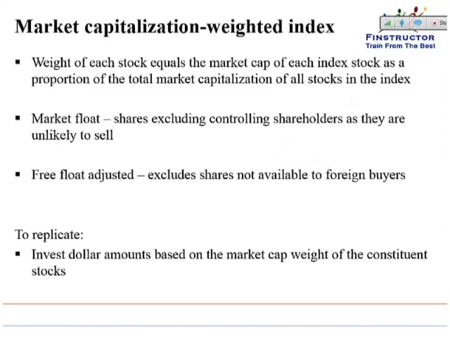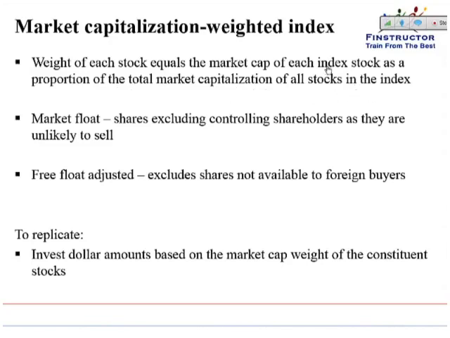The more popular index construction methodology is the market cap weighted index. In this method, the weight of each stock equals the market cap of the index stock as a proportion of the total market cap of all stocks in the index.